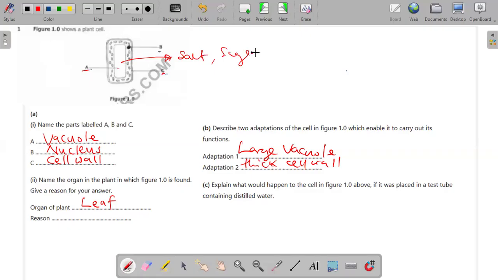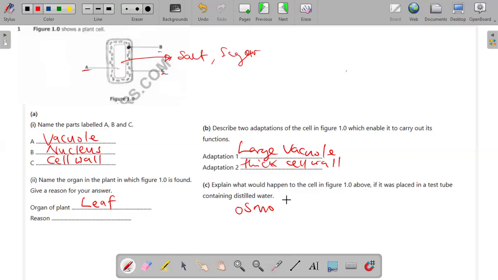So since it's been placed in distilled water, it means that the concentration inside the cell is higher than that outside the cell. So water is going to move from a region of lower concentration to a region of higher concentration, which is just osmosis. So that is the process of osmosis.